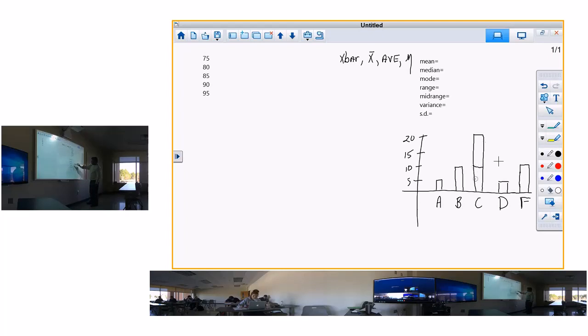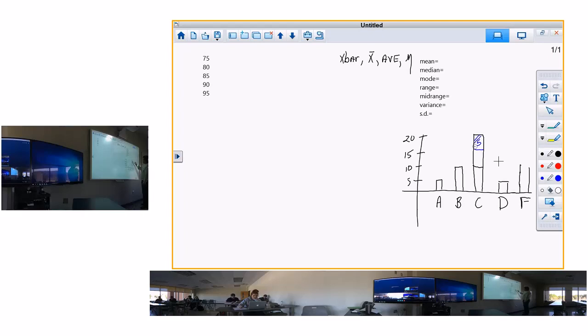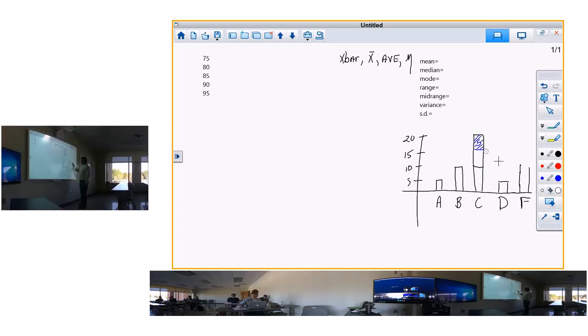Because it's 20, this is 10, and this right here is 10 units. So let's take those 10 units and let's take half of it, which would be 5 units, and we'll color that blue. And let's cut it off and put it right here. Okay? And then let's take the other 5 units right here and let's cut it off and put it right here.